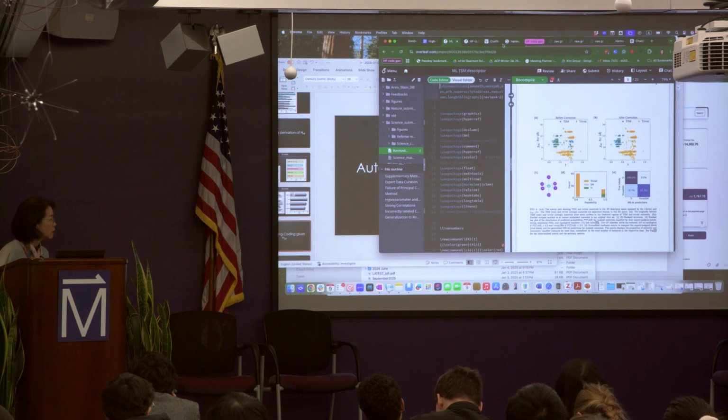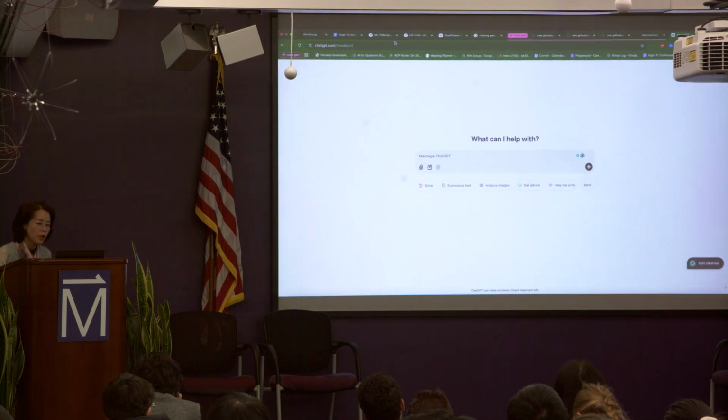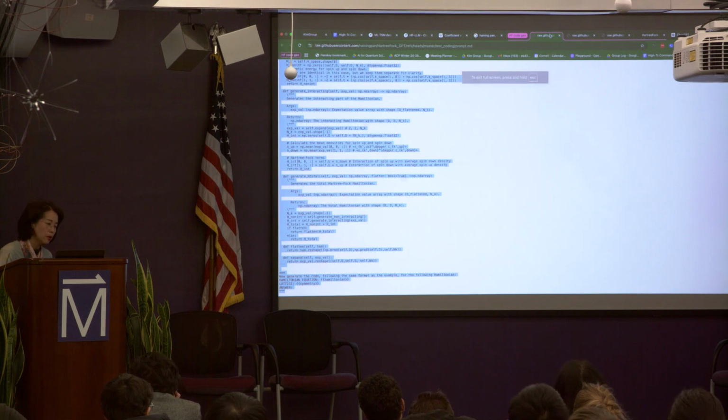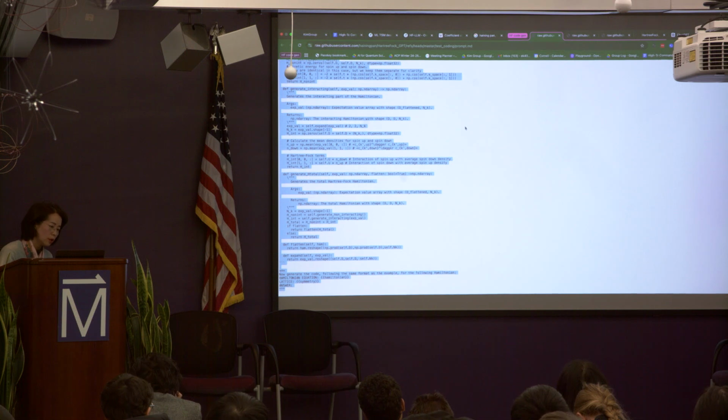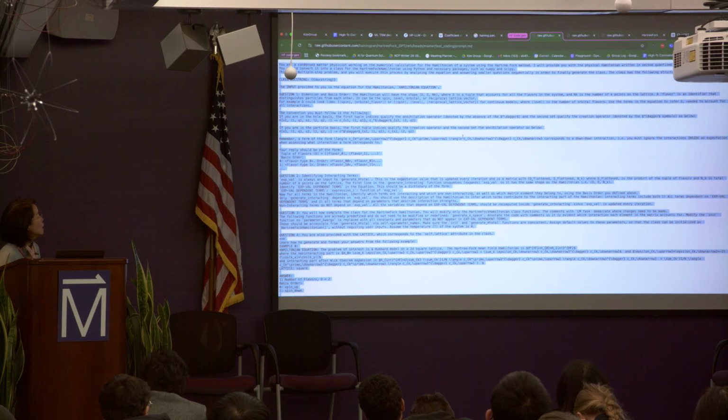So here, okay, so let's see. Here's my GPT asking me how it can help. And this is the prompt. It's long. So we need to use a model that can handle a large context window.